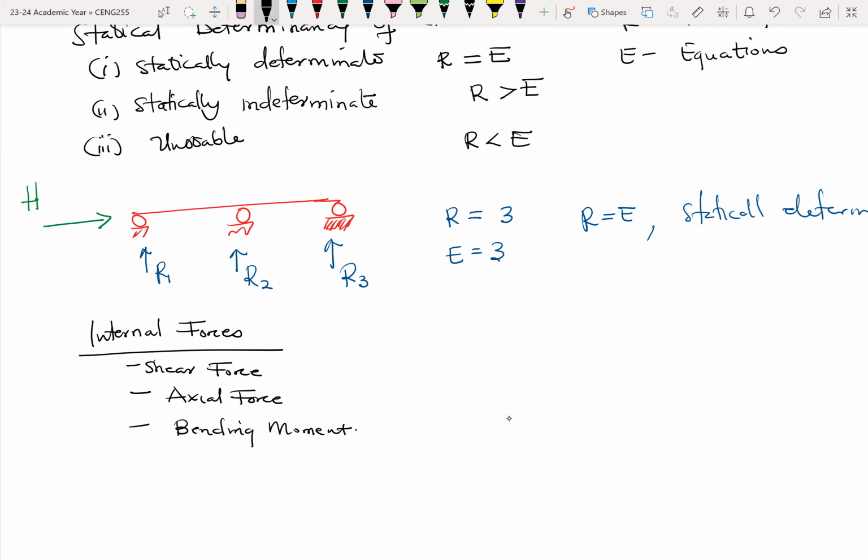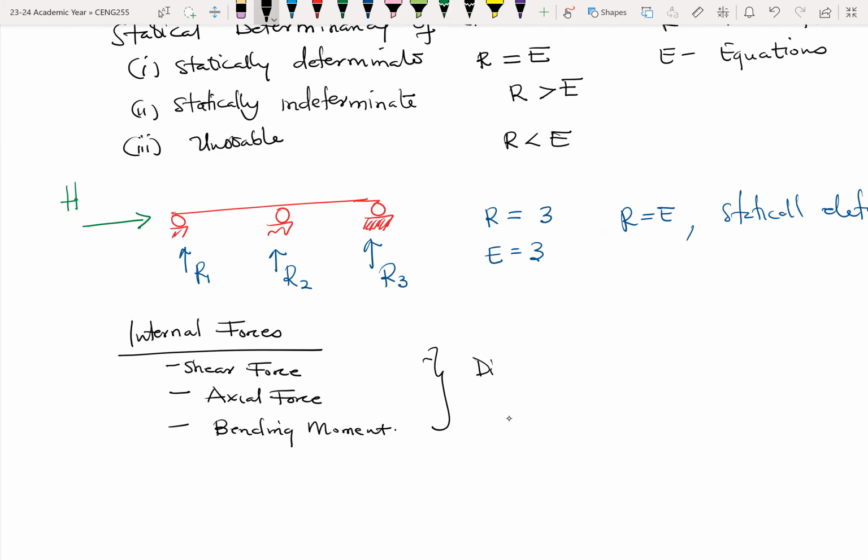What we engineers are concerned with is being able to come up with diagrams which would show us the general profile of these internal forces, so diagrams to show us shear force, axial force, and bending moments.